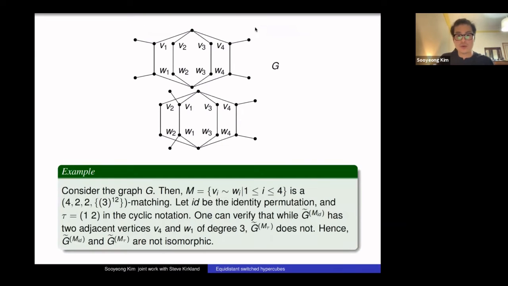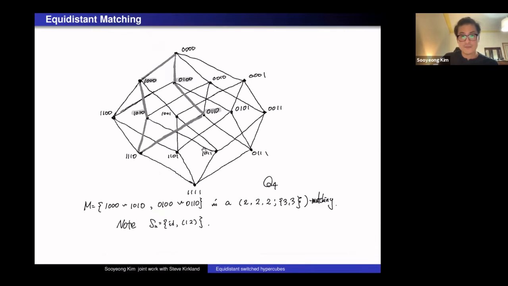So suppose that in this graph, we only have 2 edges in an equidistant matching, then we only have one option to switch those edges. So in this case, for example, Q4, which is the hypercube of order 4, and then let's consider these 2 edges.